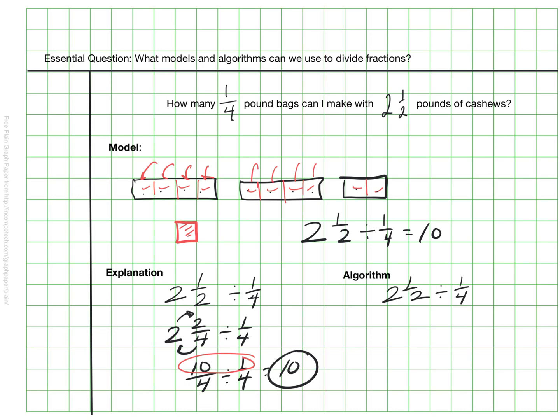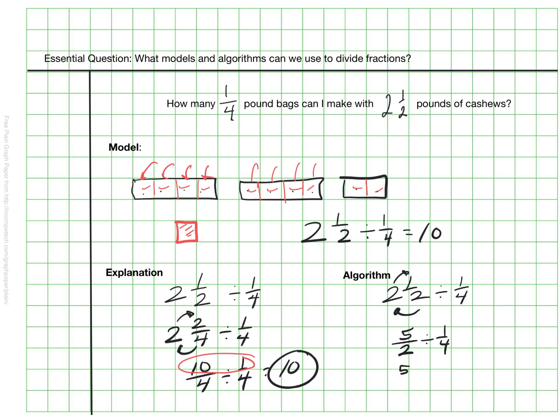Now, there's also an algorithm that you might be familiar with, but I'm going to run through it here. And that is to decide what 2.5 divided by 1/4 is without a model, and it involves using something called the reciprocal. So I'm going to turn this into an improper fraction, which is 5 halves, and I want to cut my 5 halves into 1/4.